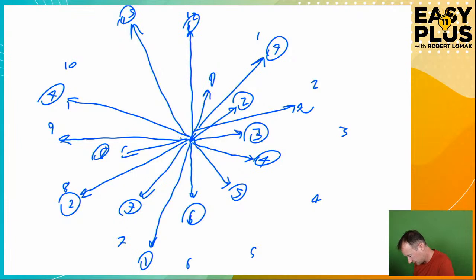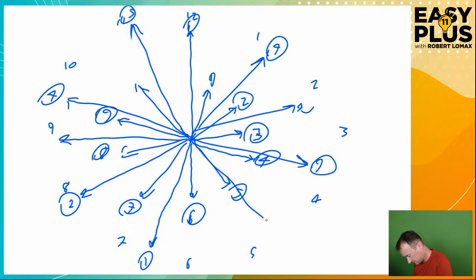It's going to be this side of it because we're not past it yet. So that's 9. Another one up here. 10. And finally, another one like this one here, which is going to be something like this.